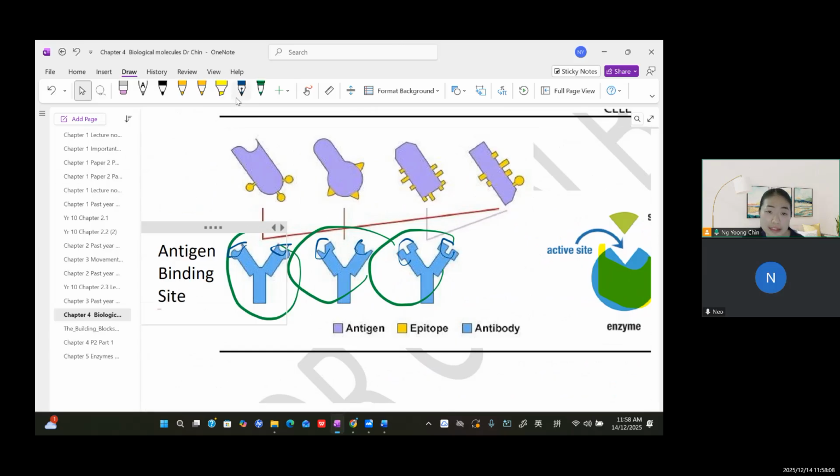Whenever there is a pathogen, no matter whether it's bacteria or virus, every pathogen will carry its own antigen. The yellow color here refers to the antigens on the pathogen surface.